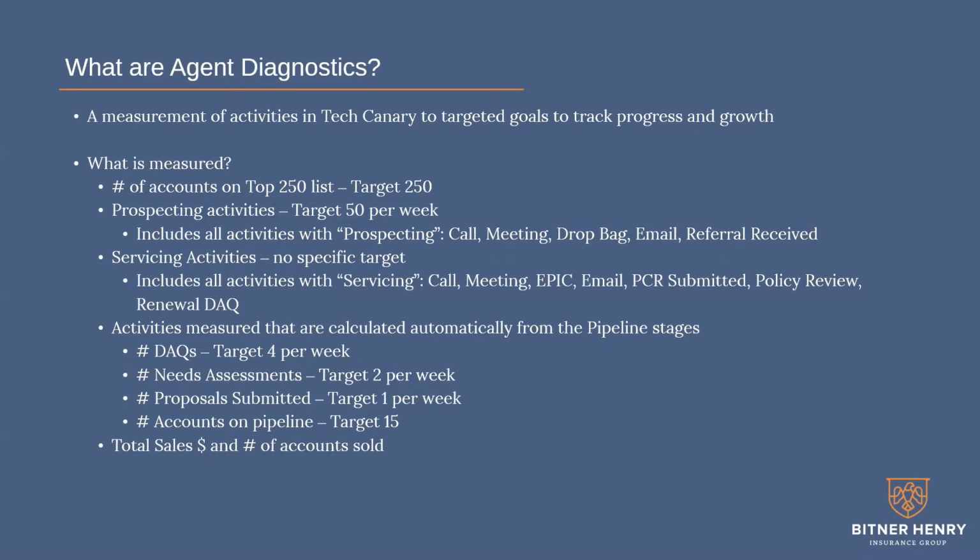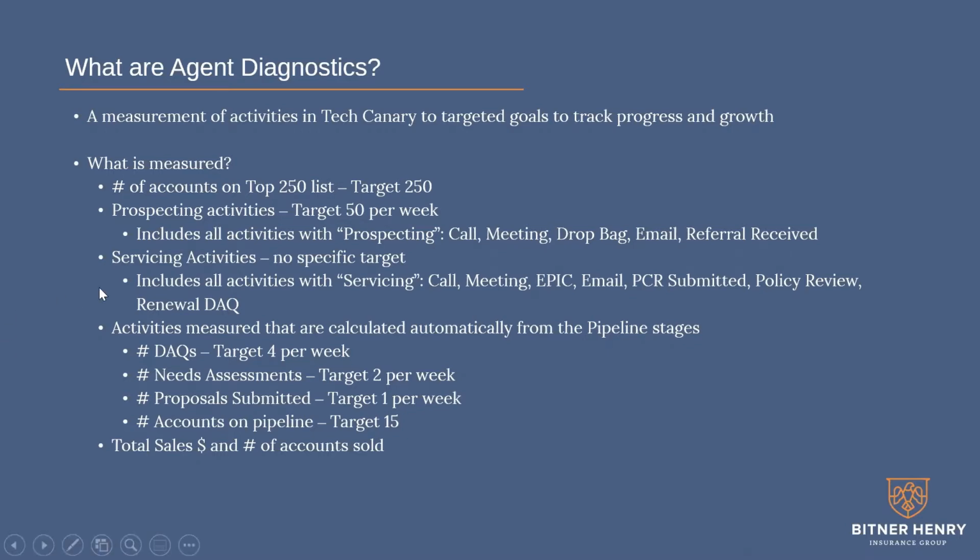And these are activities that are already in Tech Canary. So when you log something, log a call, or even put in a task, you have an option to put an activity type with it. And all of these prospecting activities that are counted will actually have the word prospecting in front of the activity type. So it'll say prospecting call, prospecting meeting, etc.